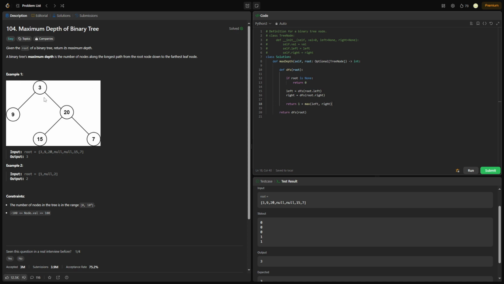So at this root node, the left subtree max height is 1 here and 2 right here, okay? So we're going to do 1 plus the max of the left and the right. Well, the left is 1, the right is 2, so we're going to do 1 plus 2, right? Because this is a bigger height than this, okay? So we're going to do 1 plus 2, and we're going to return 3.